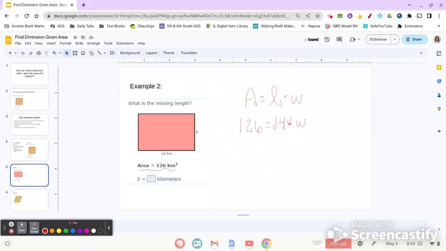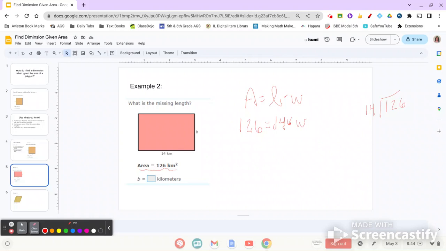Now, we could guess and check 14 times what number equals 126, but we also know that if I'm looking for that number, we can always take 126 divided by 14 to get our answer. So I'm going to do that out here to the side. 14 is greater than 12, so I have to go all the way into 126.